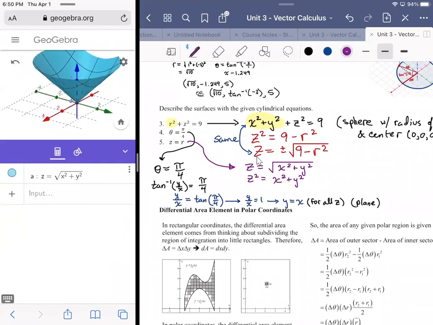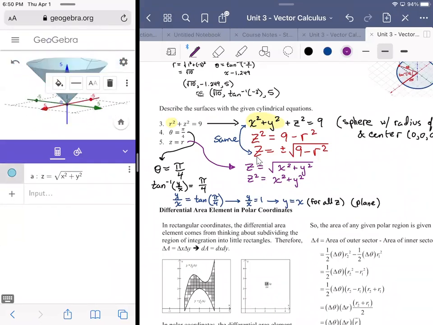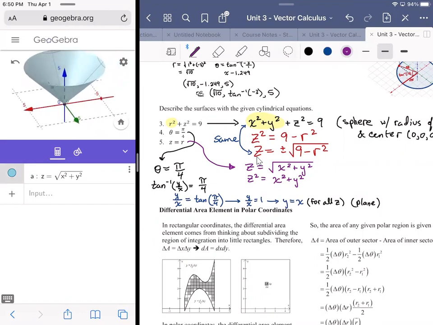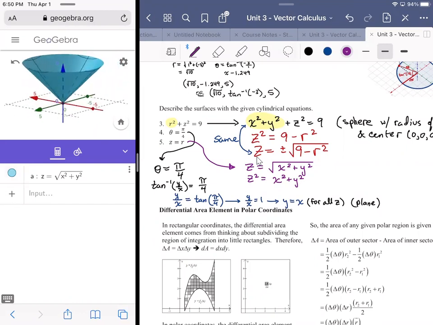But actually, what it is supposed to be is a circular cone. If you zoom out, at first glance, if you look at it too closely, it doesn't look quite right, but what it is actually is a cone. And it's kind of cool. And so this is a cone.